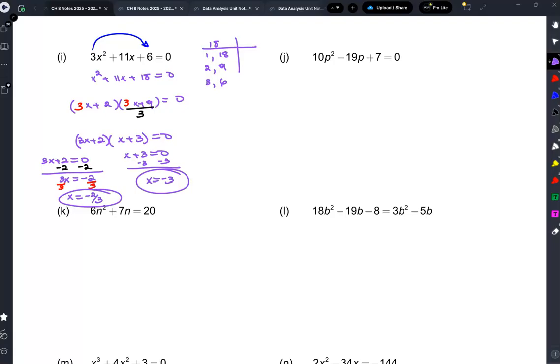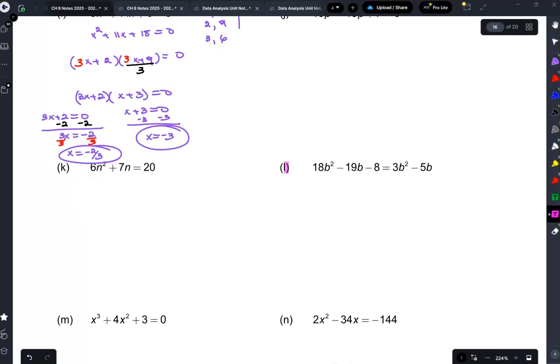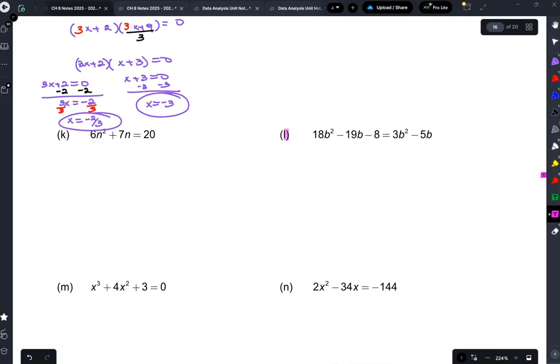Okay? Okay, let's skip to L, this one. What am I going to do first here? Before that, combine. So remember, this needs to say equals 0. So I need to bring all of that to the other side.